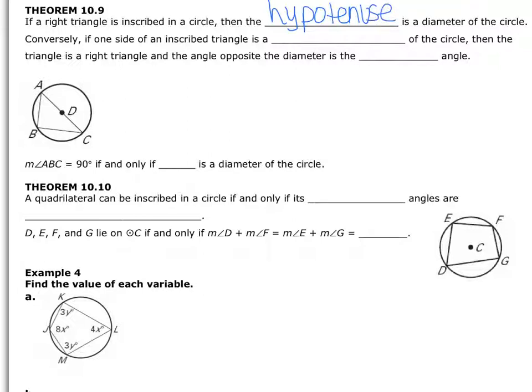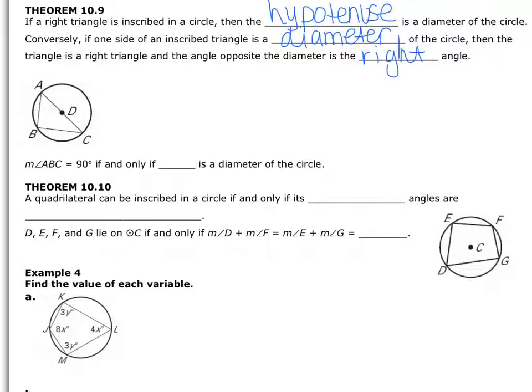Conversely, remember we can flip that around. That's what converse means. If one side of an inscribed triangle is a diameter of a circle, then the triangle is a right triangle and the angle opposite the diameter is the right angle.